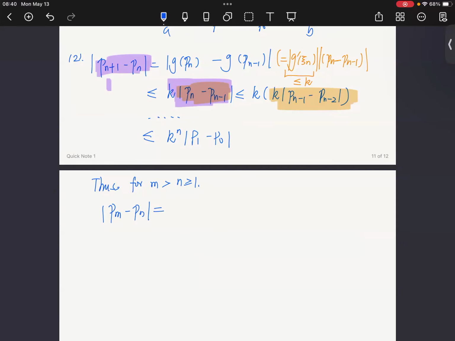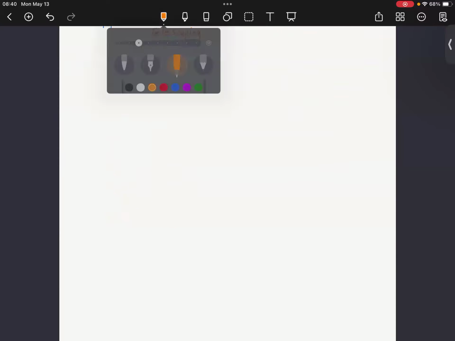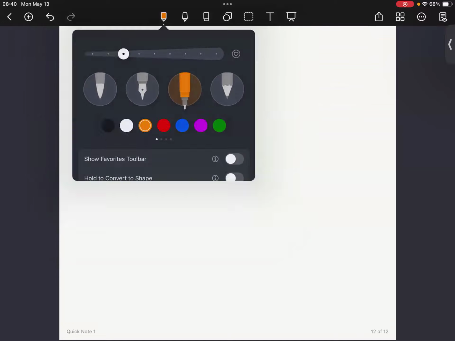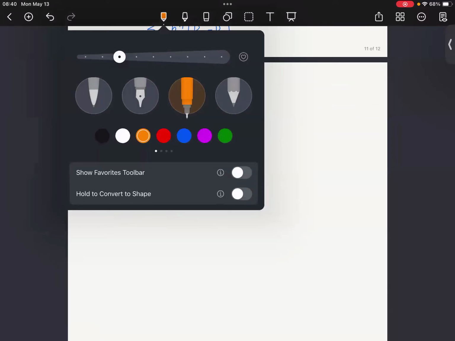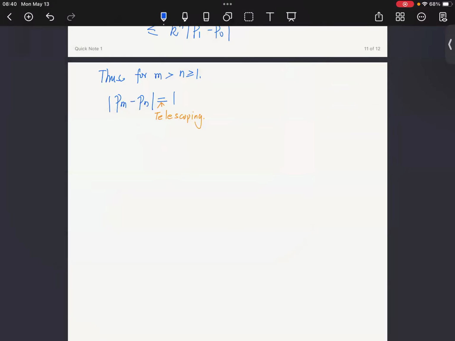For this one, we are going to use a technique called telescoping. It could expand, and then it could collapse. We add some terms there, and then subtract some. It equals P m minus 1, and then plus P m minus 1.